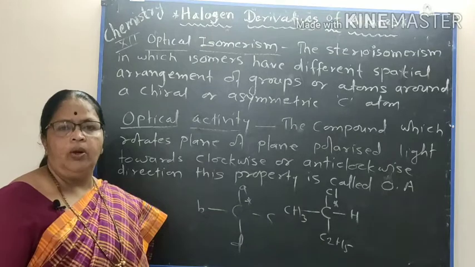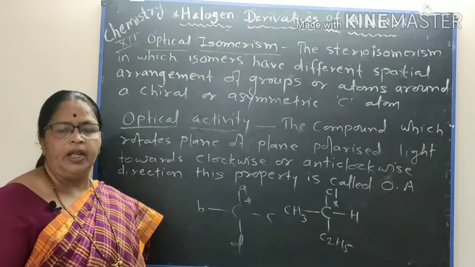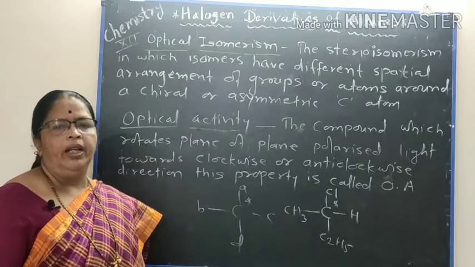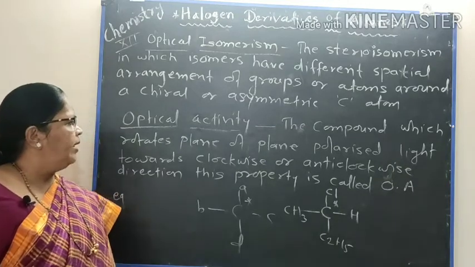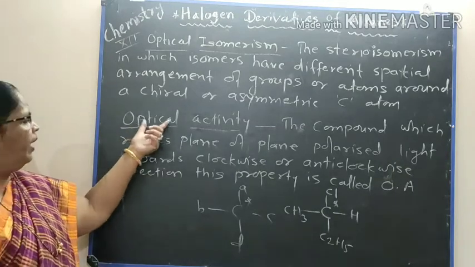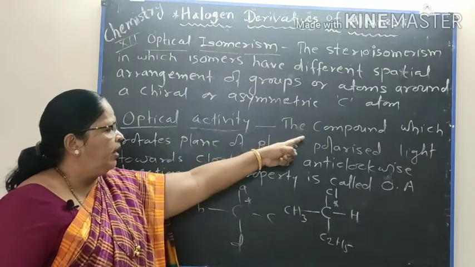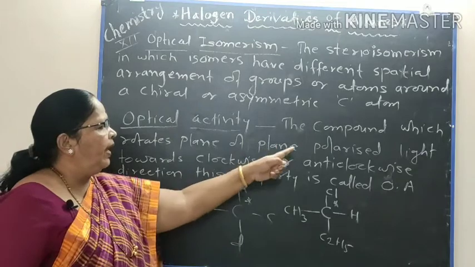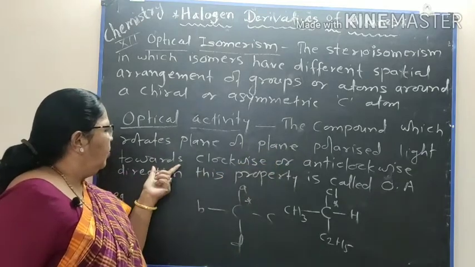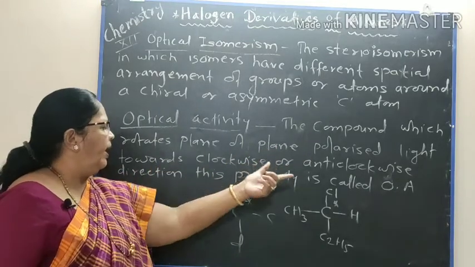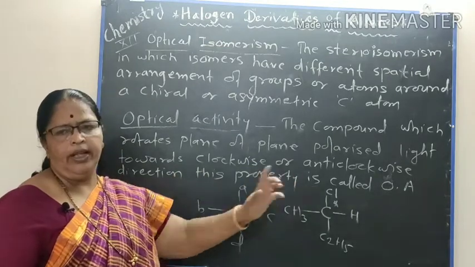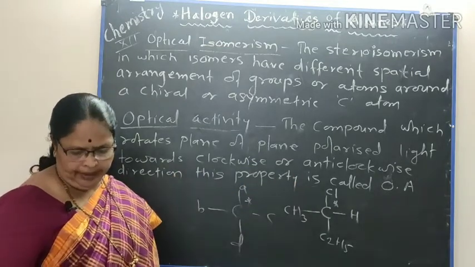That compound is called an optically active substance and that phenomenon is called optical activity. Once again, optical activity is defined as the property of a compound which rotates plane polarized light towards the clockwise or anti-clockwise direction.